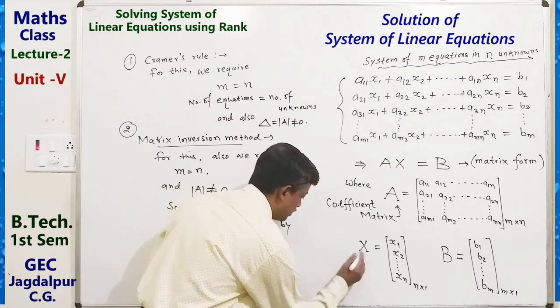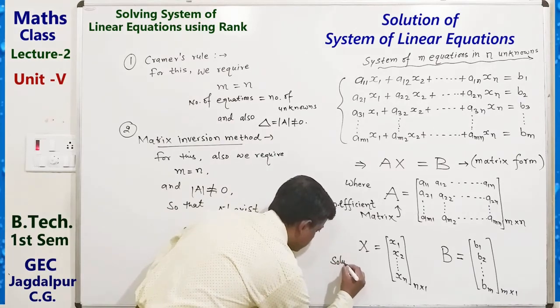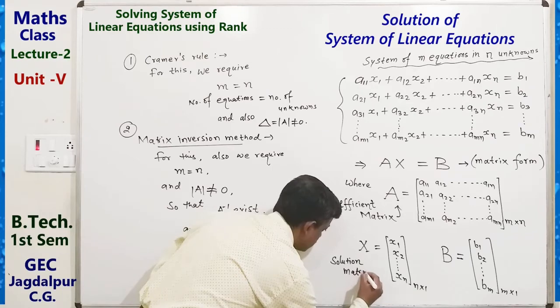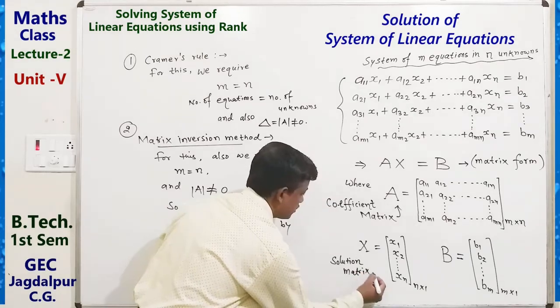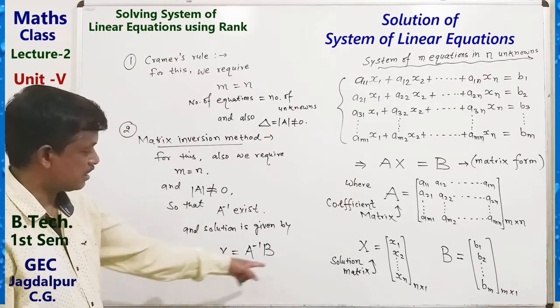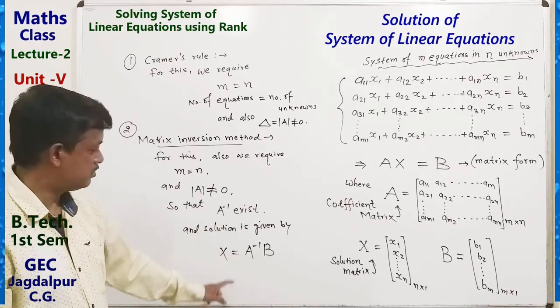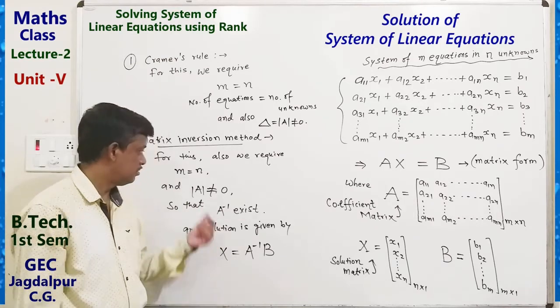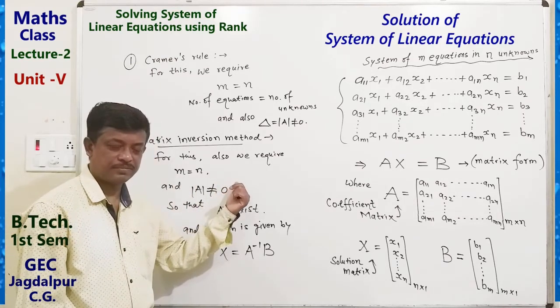Clear? So x can be found by using this, because the determinant of A is not 0, so A inverse can be found for the square matrix.